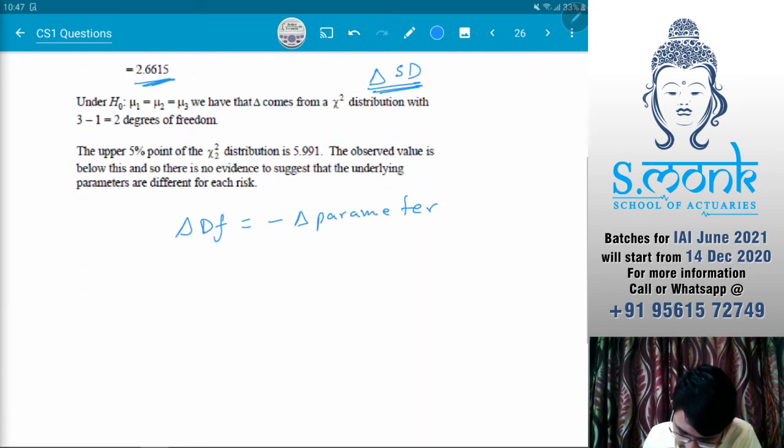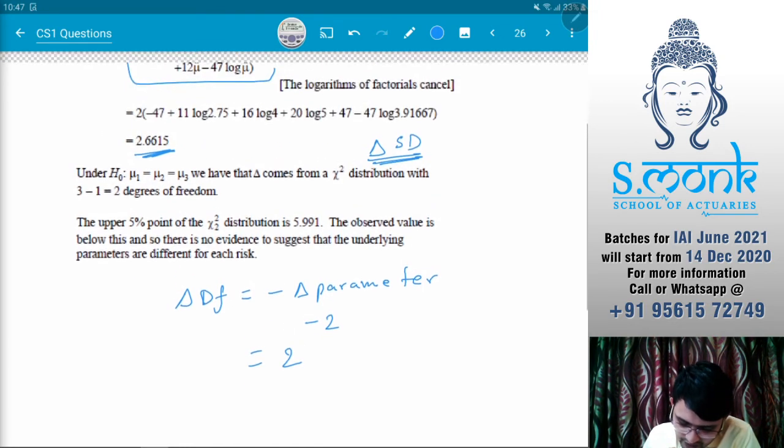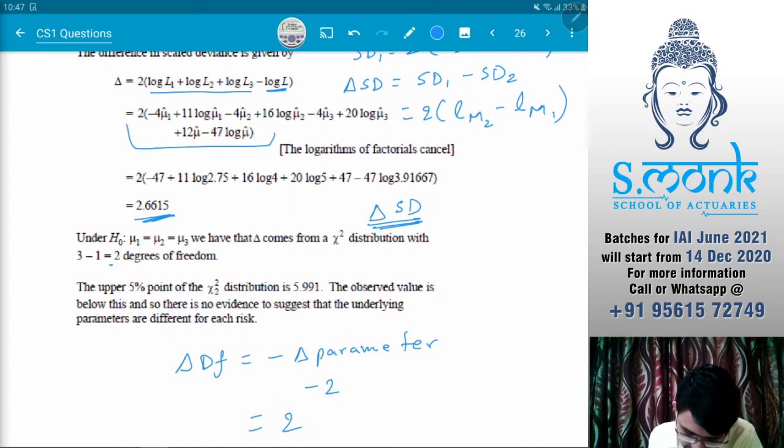So the change in parameters would be minus 2, and therefore the change in degree of freedom is 2. Now we have the change in SD and the change in degree of freedom.